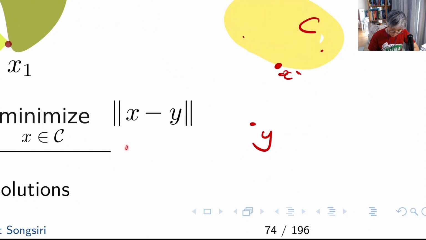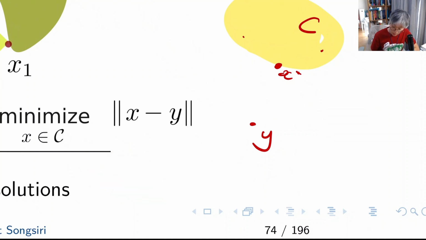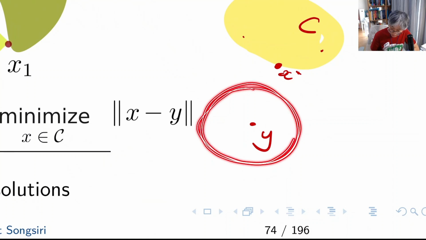As we mentioned before, if you look at the boundary of the unit norm ball, it is a set of x that all have equal norm. So if I put y as a center and I draw a circle with this radius, this is a set of all the vectors that have the same distance to my y. Let's say the distance is 1. If I draw a bigger circle, everything that lies on the circle has the same distance to y.